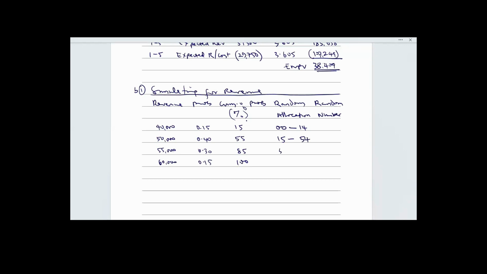After 54 is 55. 1 minus 85 gives 84. After 84 is 85, 85 to 99. So this is random allocation, just like class interval. Then I need to determine the position for the random numbers given to me. I will go back to the question.